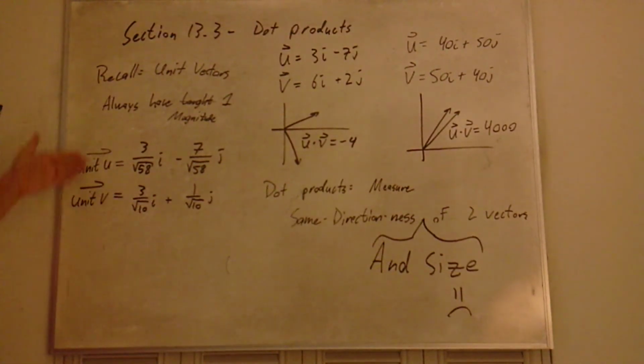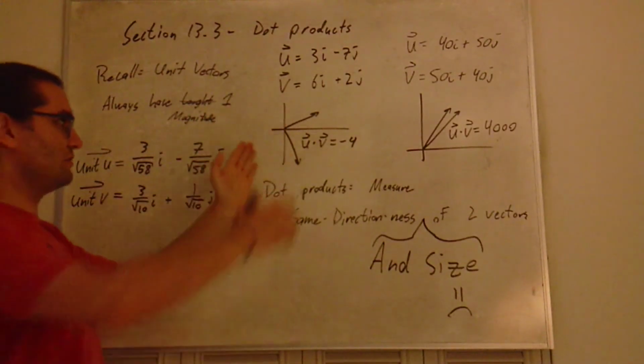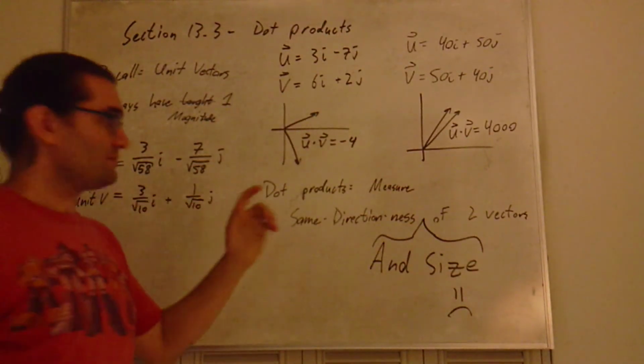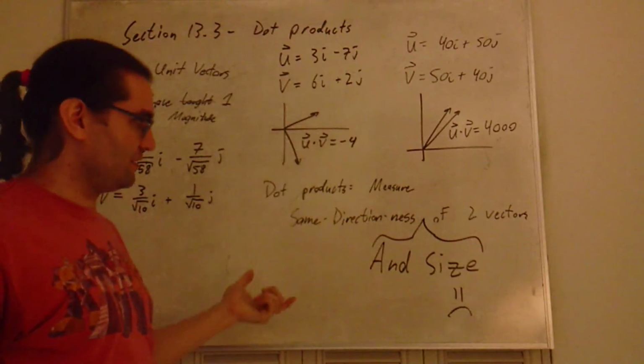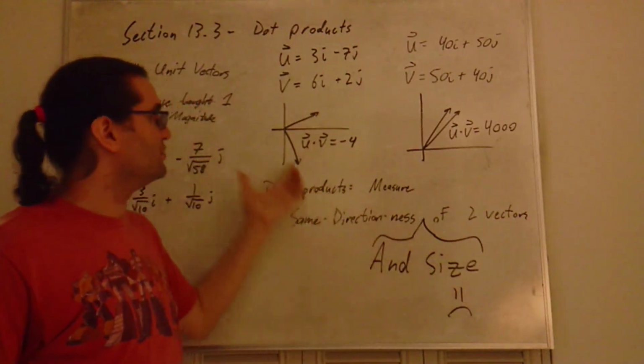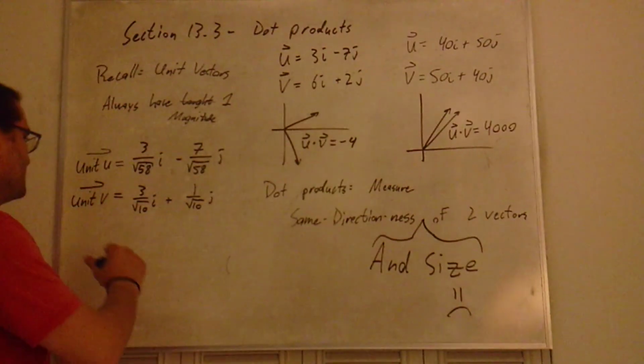So these are the unit vector versions of these things, which are the same vectors but shrunk down a little bit so that they have length of exactly 1. And now they have the same length as each other, and the size or the magnitude is not going to influence this dot product metric of whether or not they point in the same direction.